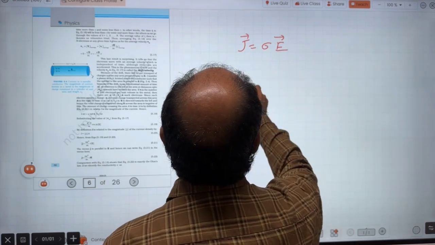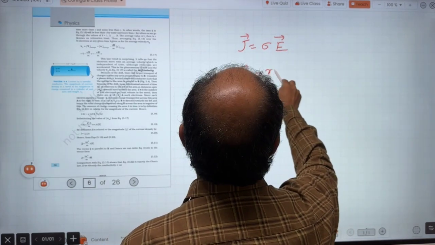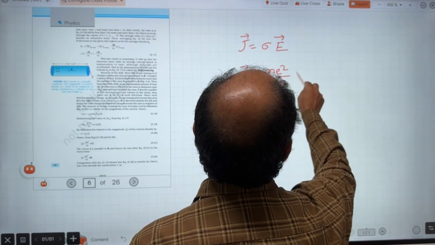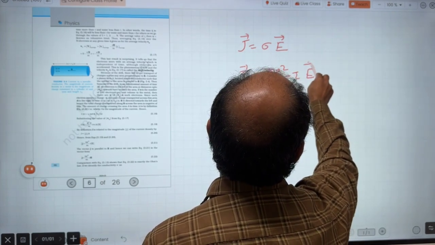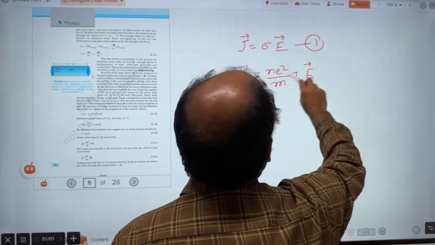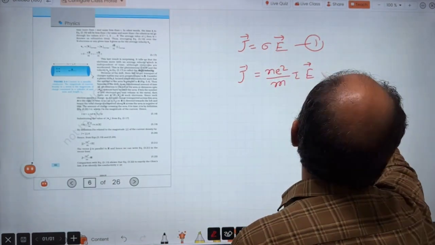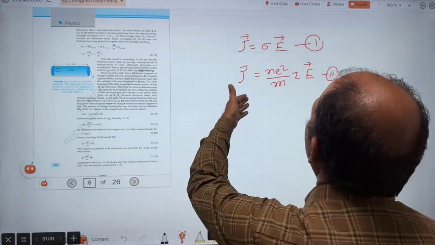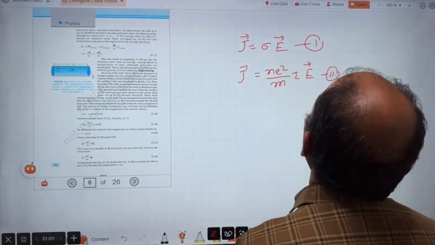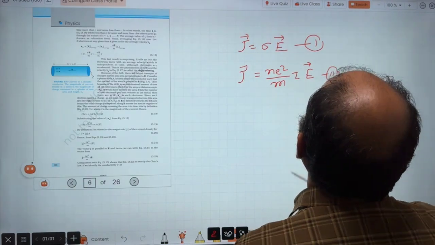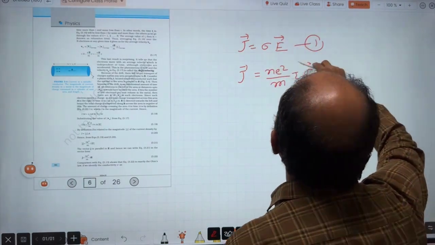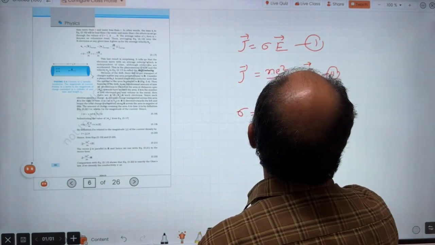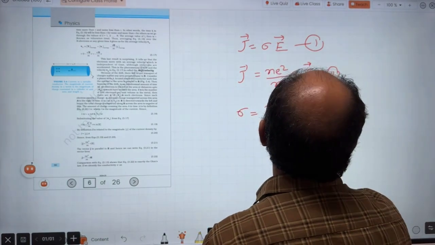Earlier we derived this vector form of Ohm's law, and here is another relation we have got recently. If we compare, what do we get? J will cancel out, E will cancel out, so we will get sigma as n e square tau divided by m.